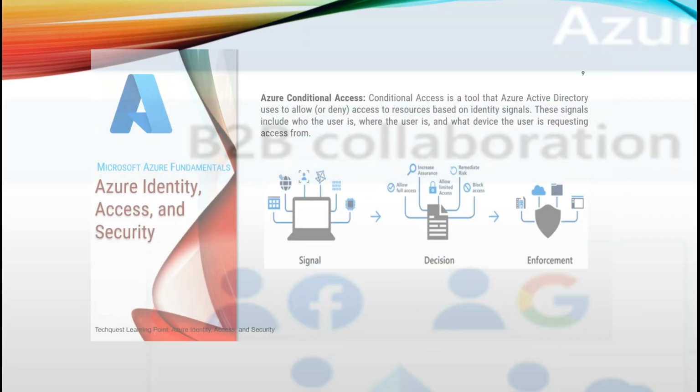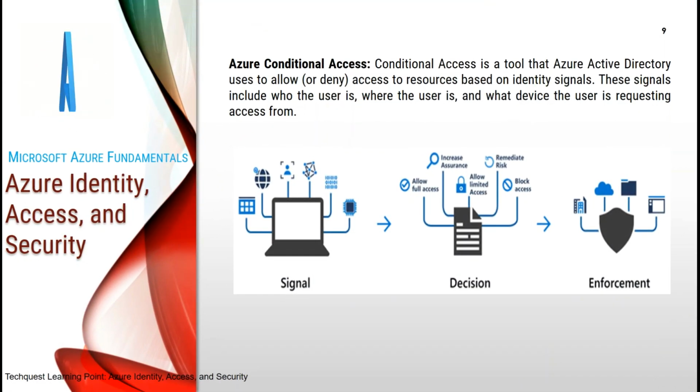Azure Conditional Access. Conditional access is a tool that Azure Active Directory uses to allow or deny access to resources based on identity signals. These signals include who the user is, where the user is, and what device the user is requesting access from. Conditional access helps IT administrators empower users to be productive wherever and whenever, and protect the organization's assets.